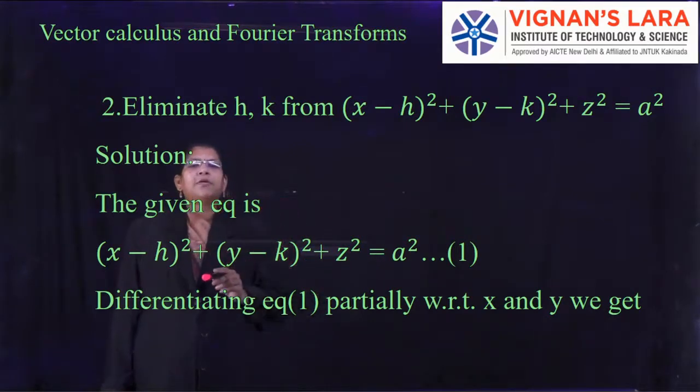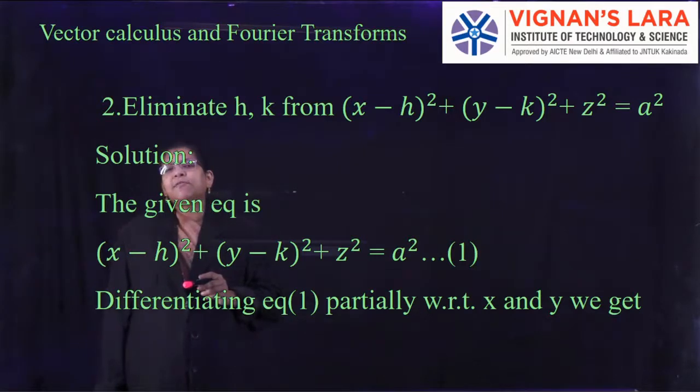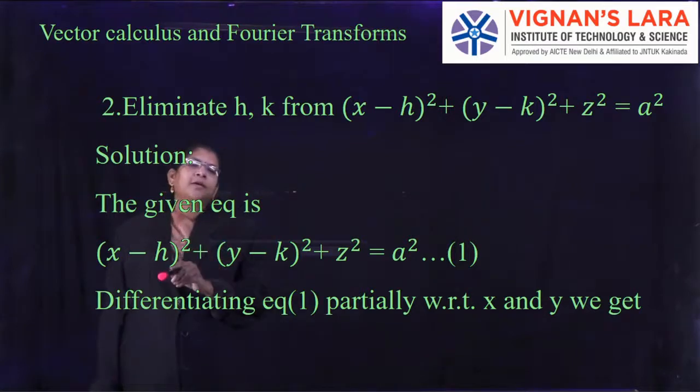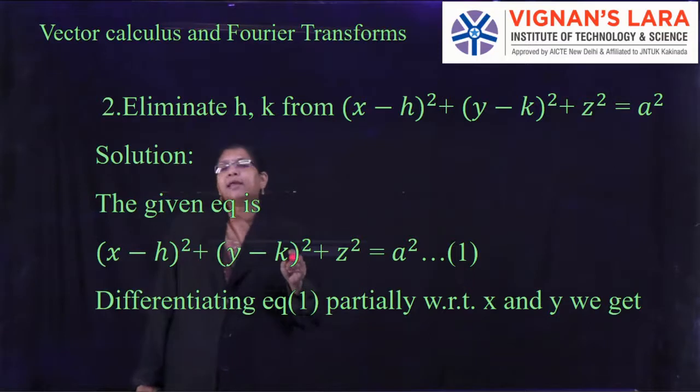Now, first, we will differentiate equation 1 partially with respect to x. If we differentiate equation 1 partially with respect to x, what will you get? The derivative of (x − h)² is 2(x − h), plus what is the derivative for (y − k)²? Here we are differentiating partially with respect to x.